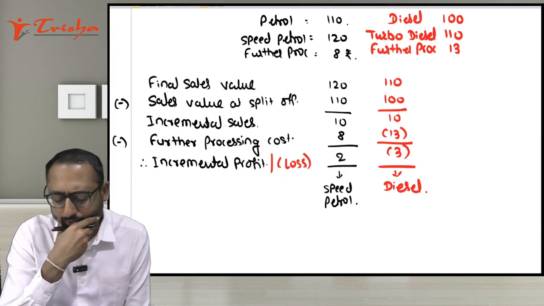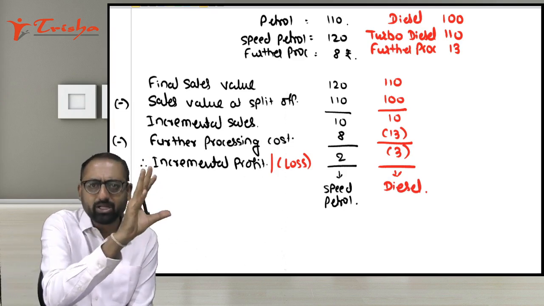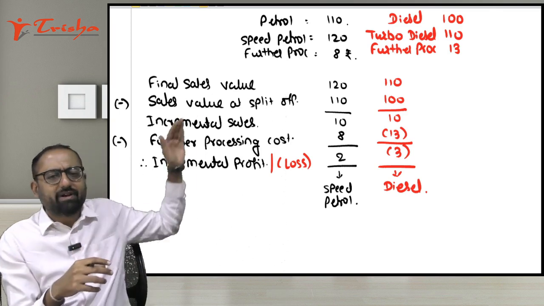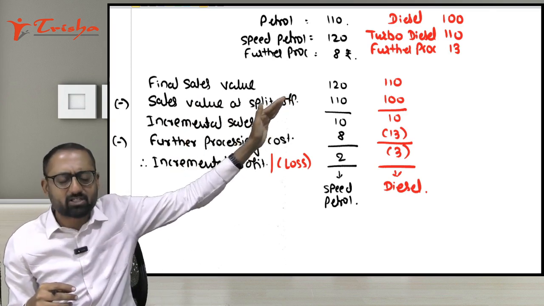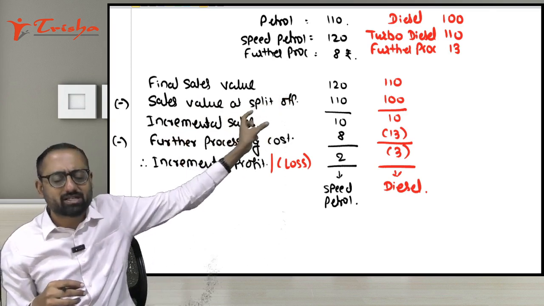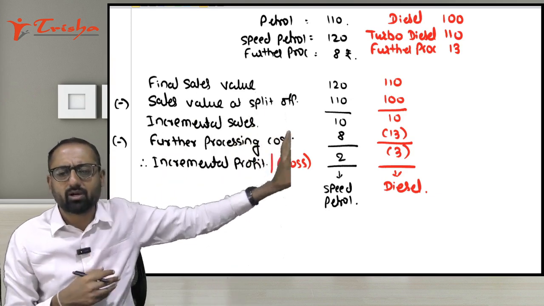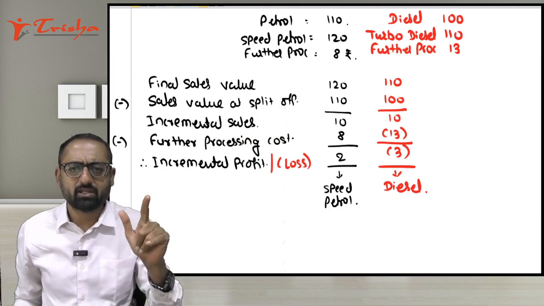I hope this example is clear. I have given this example per unit wise. So you take total final sales value minus total sales value at the split off, that is incremental total sales, minus total further processing cost. This I have given only for your understanding purpose, guys. I hope this point is clear to every one of you.